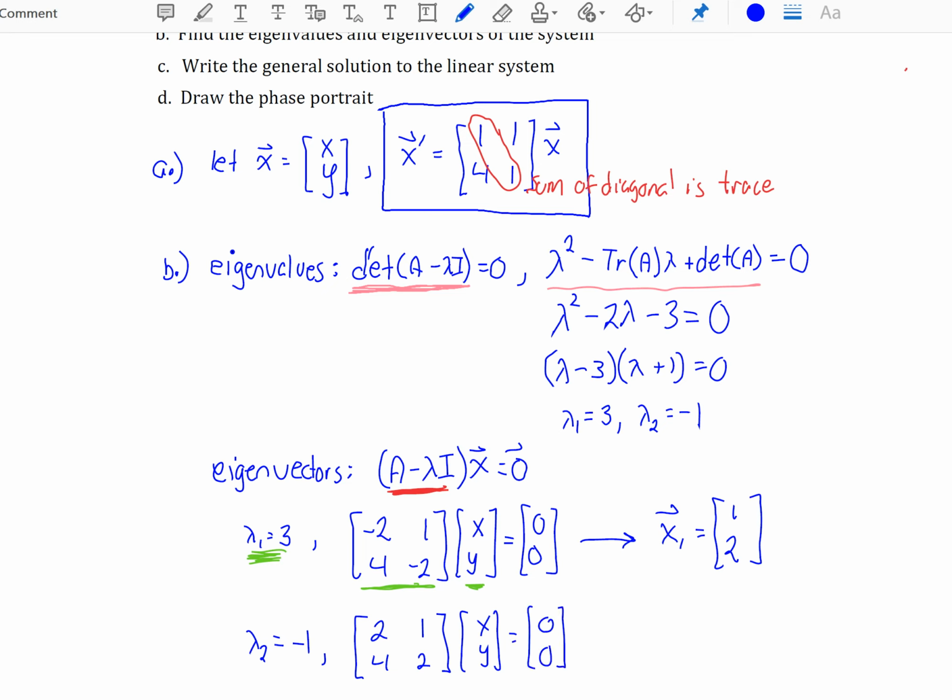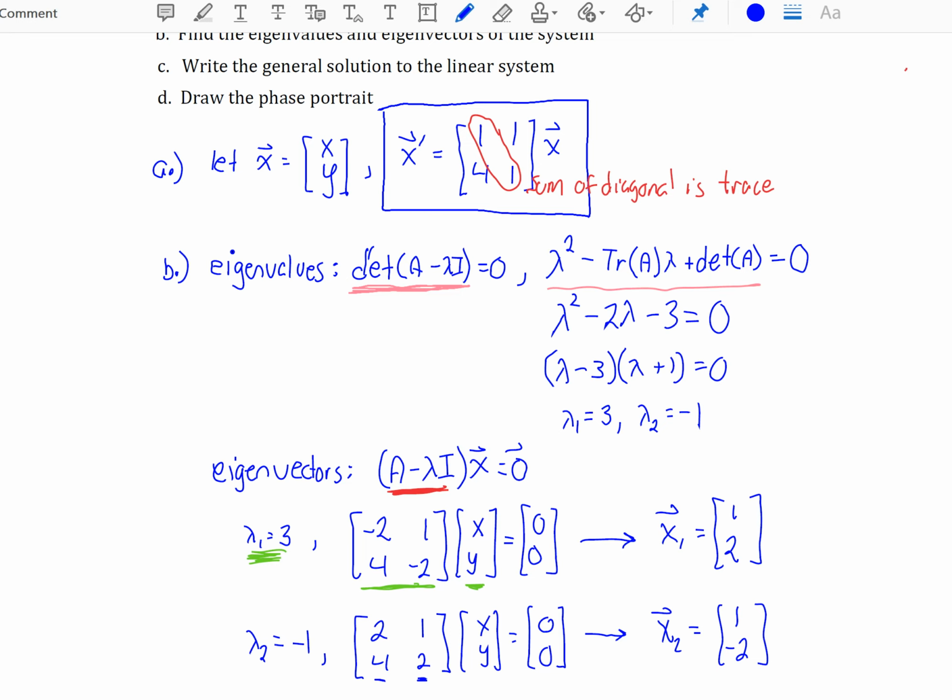And again, we're looking for non-trivial solutions to this equation. Notice that your first column is 2 times your second column. So what if we did 1 times the first column and -2 times the second column?